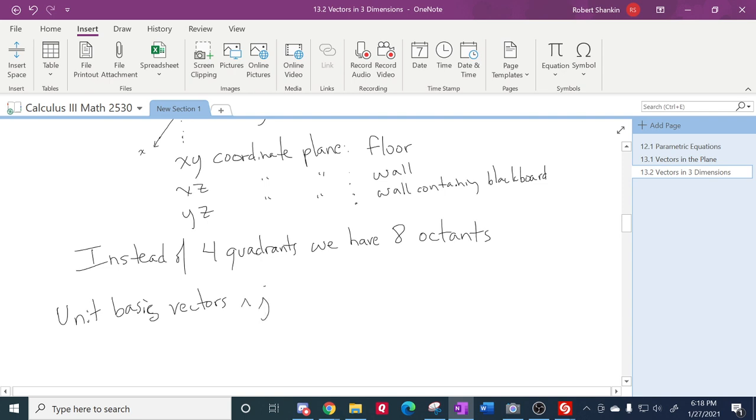We're used to i, j, and now we have k. i is [1, 0, 0]. j is [0, 1, 0], and k is [0, 0, 1]. 1 unit in the x, y, or z direction.